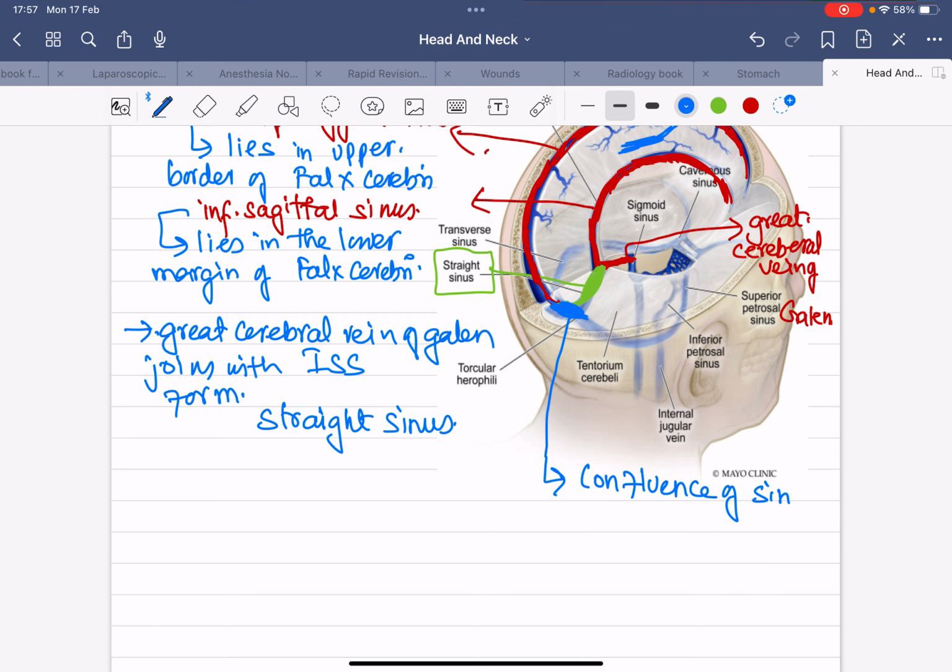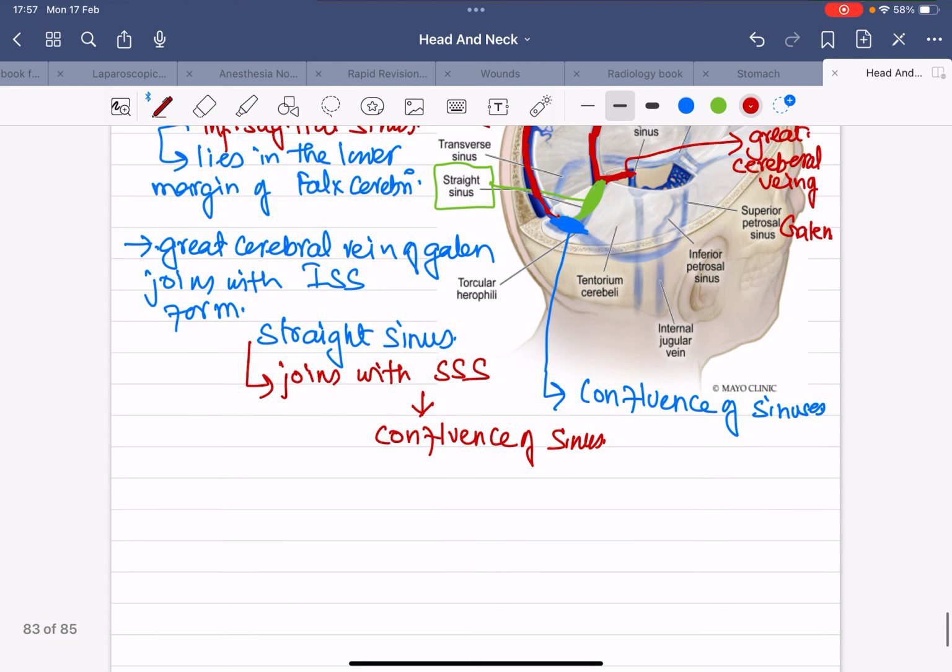So please remember, straight sinus joins with the superior sagittal sinus, and now it forms the confluence of the sinuses.